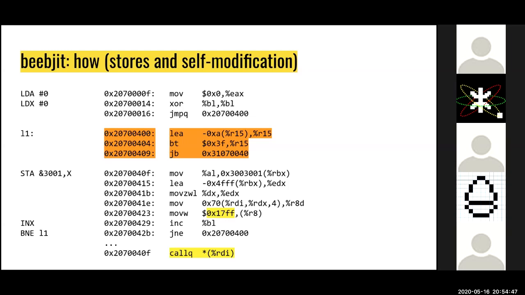And overall, this enables something like Galaforce to run at 4 gigahertz with no runtime recompilations, despite self-modifying code going on like crazy in the background.